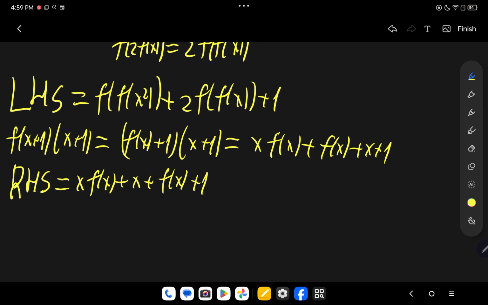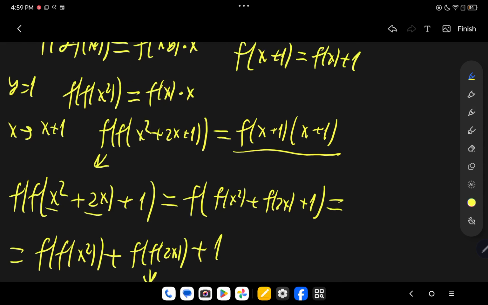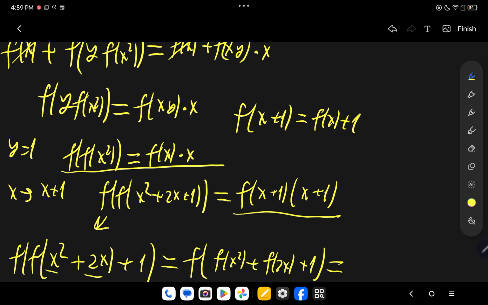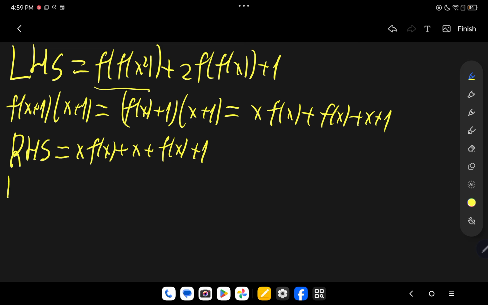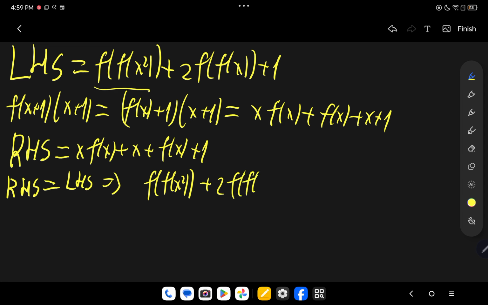And also we know that f(f(x)) squared is equal to f(x) times x. So since the right hand side is equal to the left hand side, we will get that f(f(x)) squared plus 2f(f(x)) plus 1 is equal to x f(x) plus x plus f(x) plus 1.